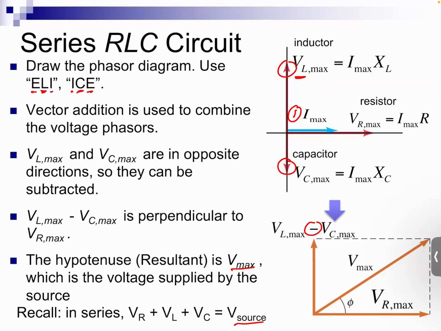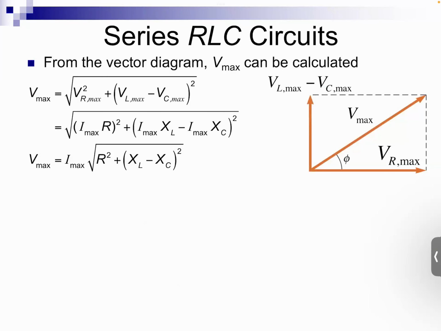Or in terms of magnitude, we use Pythagoras' theorem. The magnitude of this diagonal vector is the square root of the horizontal vector squared, which is VR squared, plus the vertical vector squared. The vertical vector is VL minus VC, squared, right? That gives us the magnitude of this diagonal vector, Vmax, from the source.